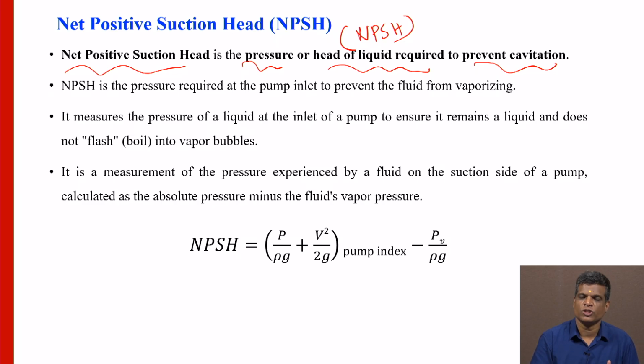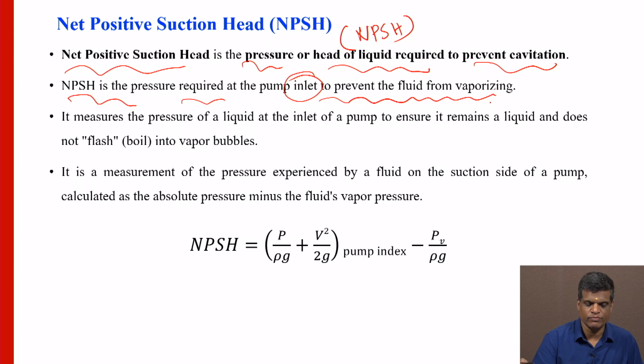NPSH is the pressure required at the pump inlet to prevent the fluid from vaporizing. It measures the pressure of the liquid at the pump inlet to ensure it remains a liquid and does not flash or boil into vapor bubbles.